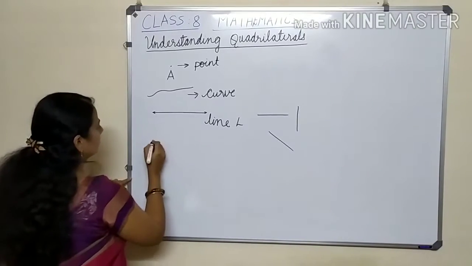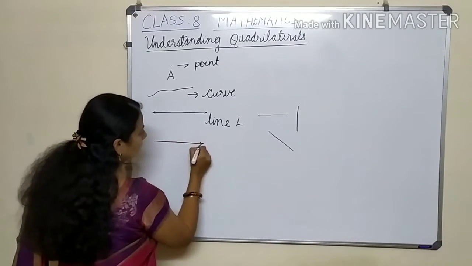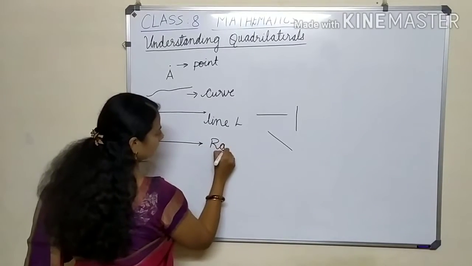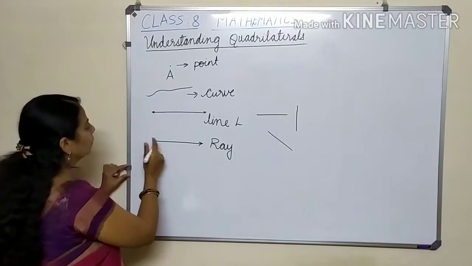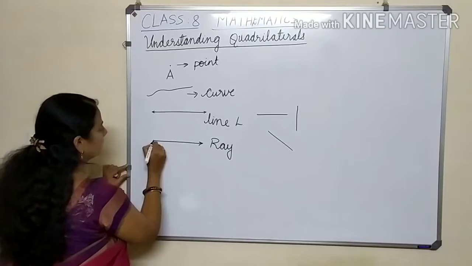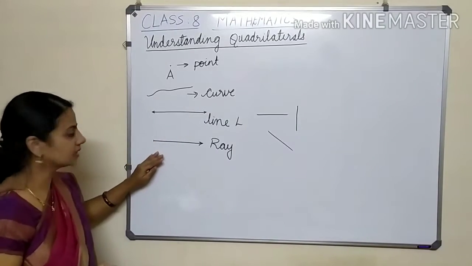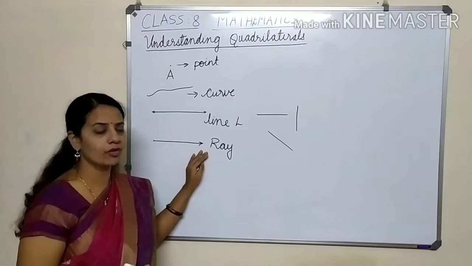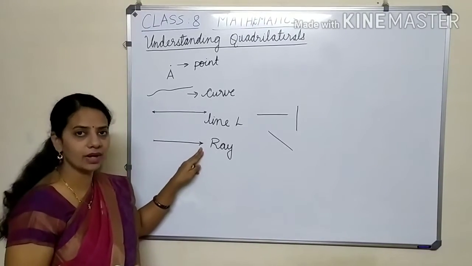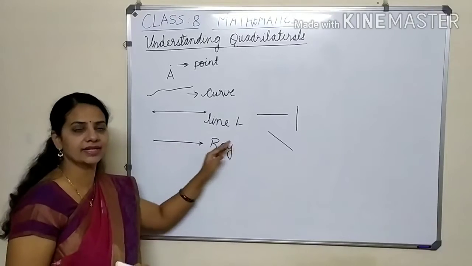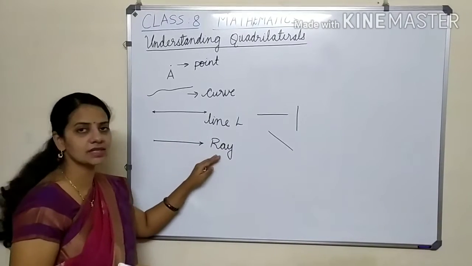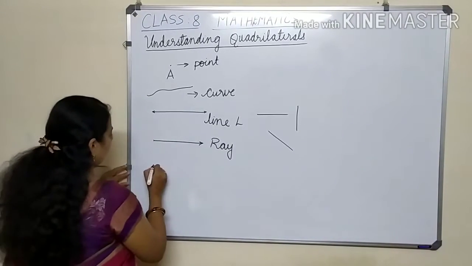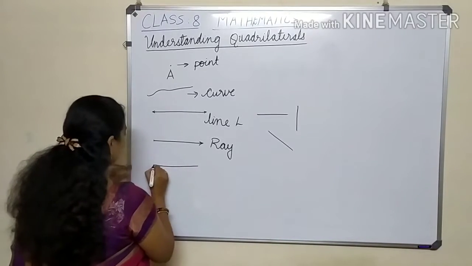Now coming to this. Now this is a ray. A ray has one end as a starting point. This is the starting point and it doesn't have an ending point. That's why I've written the arrow mark which says that it can extend. So this is a ray. Now coming to the line segment.